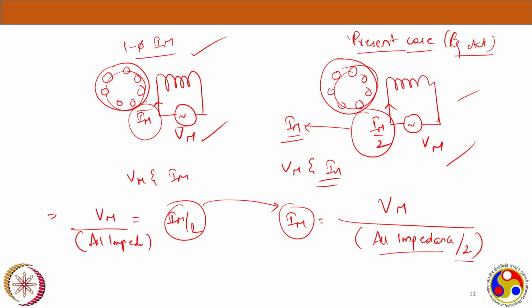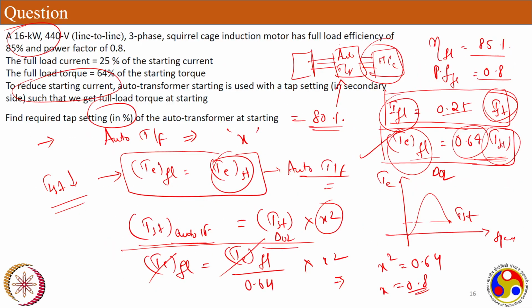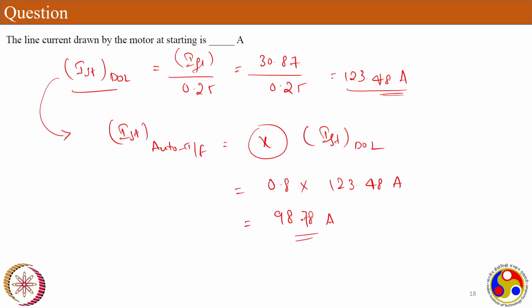Sir, yes, hello. The last question: is it just the line current drawn by the motor? I think this is the current from the auto transformer, X times I. Auto transformer is X times, all are line currents only.